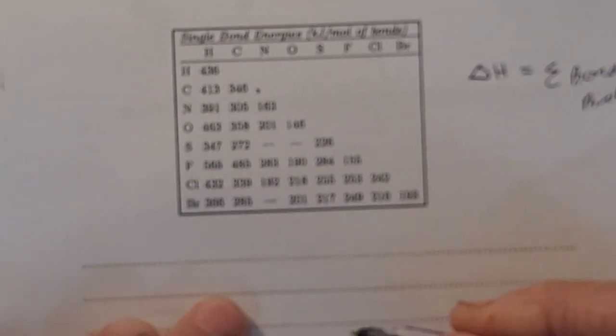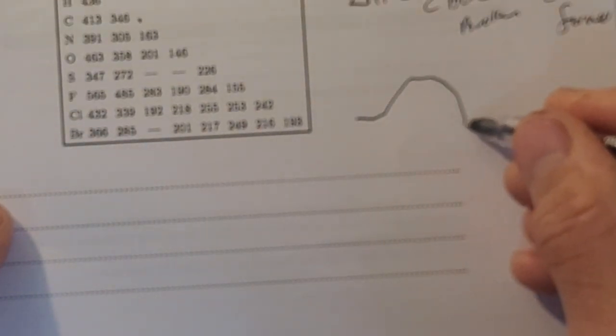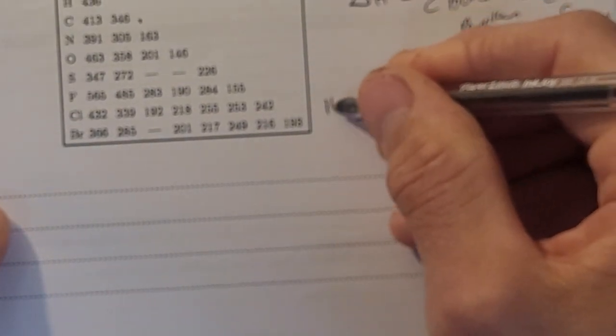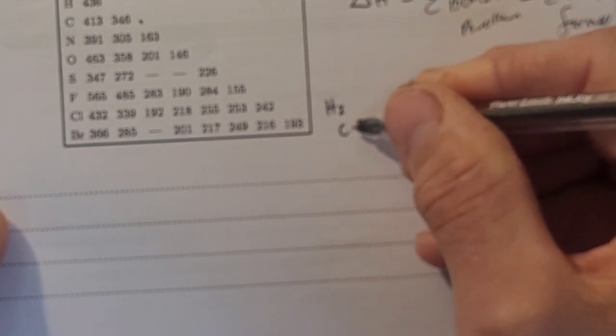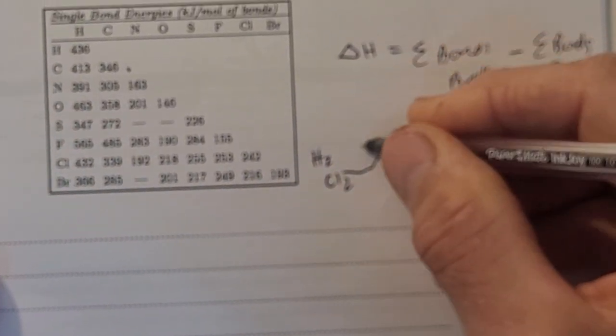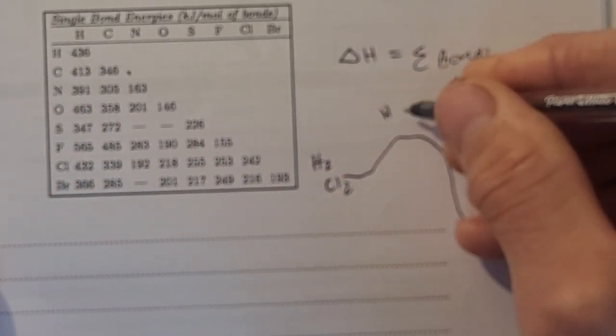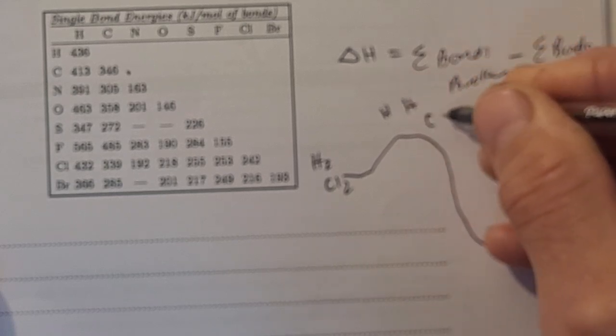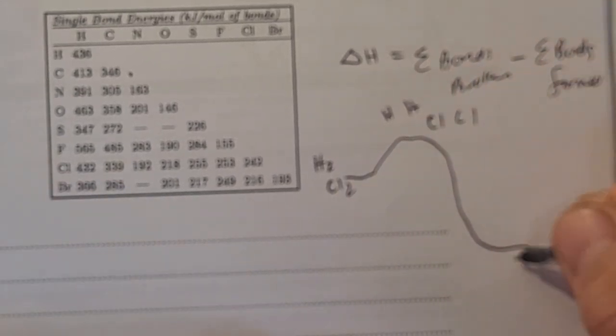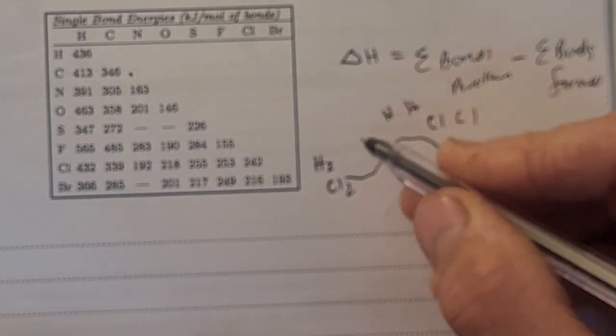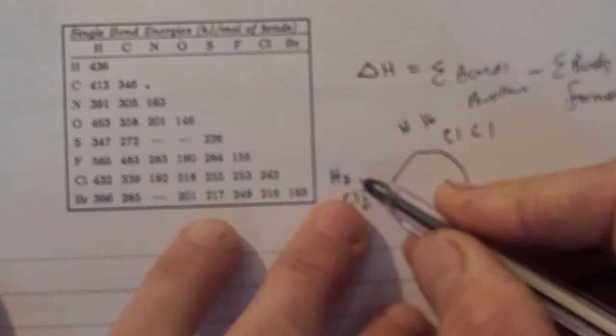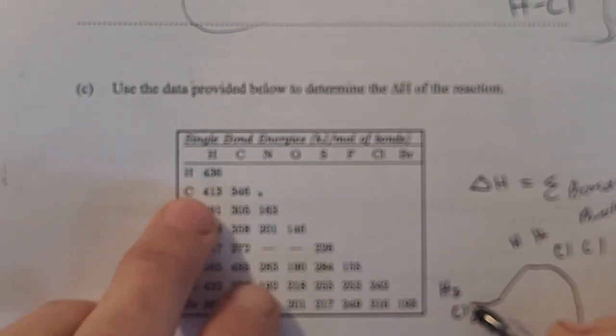If you think about it in terms of your energy diagram, we've got H2, Cl2, and then these break apart, atomize, and then they reform.